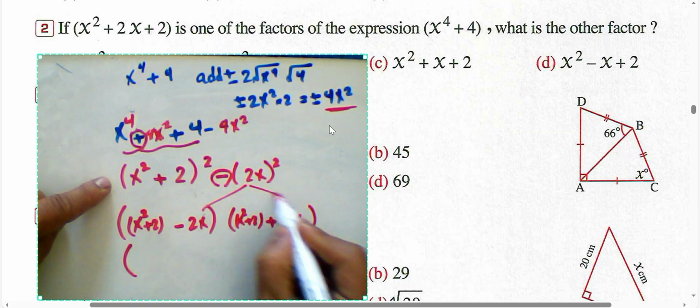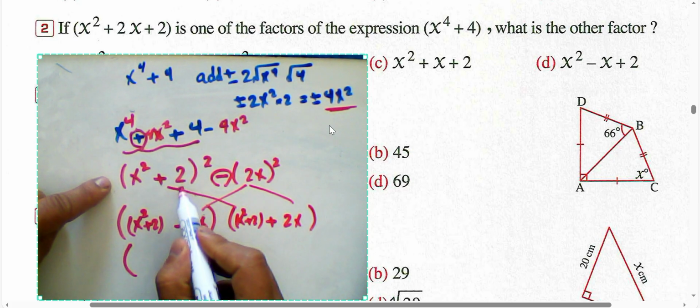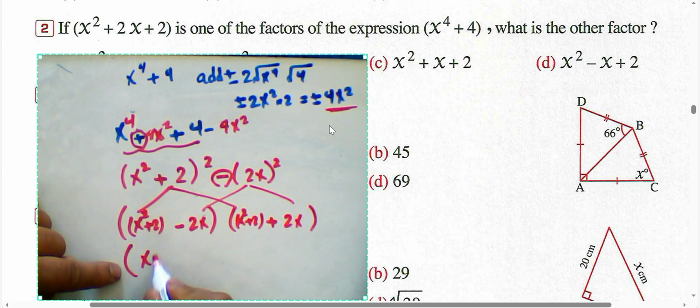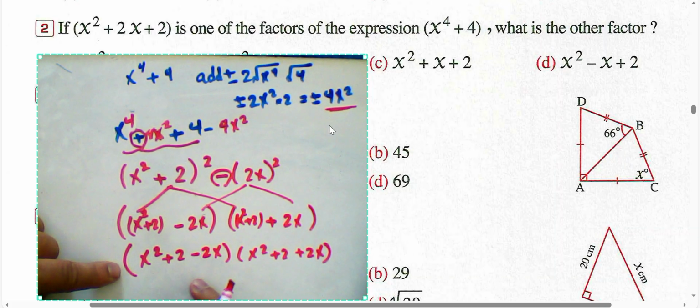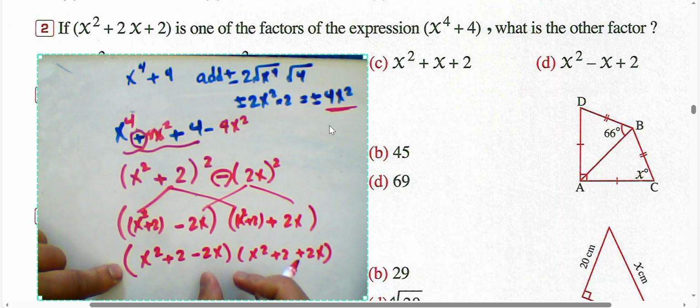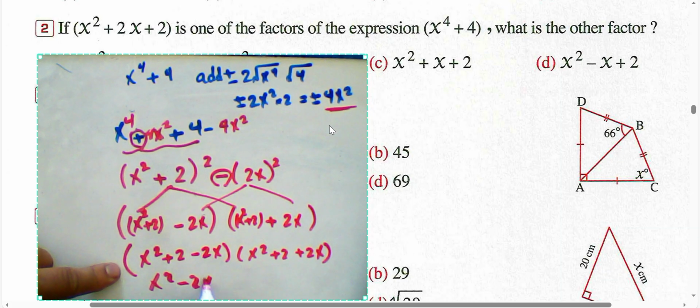And then you can simplify x power 2 plus 2 minus 2x product by x power 2 plus 2 plus 2x. This expression gives us the first information. You can replace the two terms inside these brackets. Write x power 2 minus 2x plus 2 product by x power 2 plus 2x plus 2.